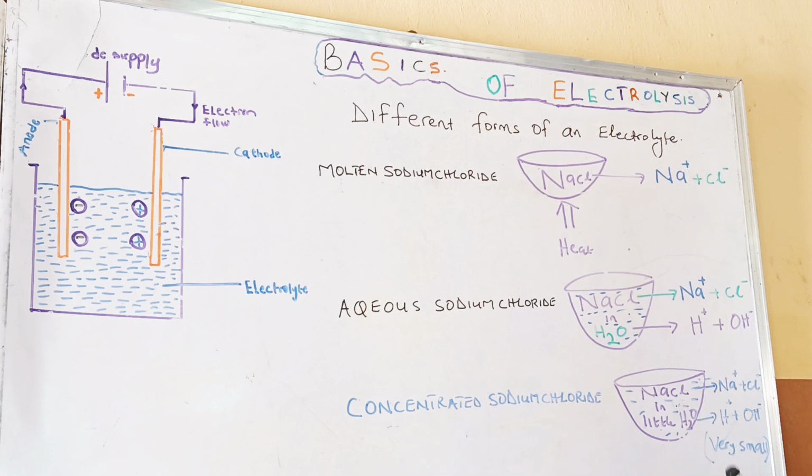But in the solid form, these ions are locked together by a force of attraction, which we saw in the earlier video. We found out that it was possible to separate out these ions by either heating the substance or by dissolving it in water.